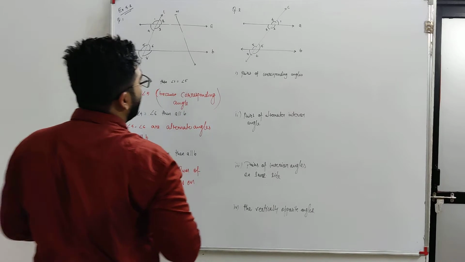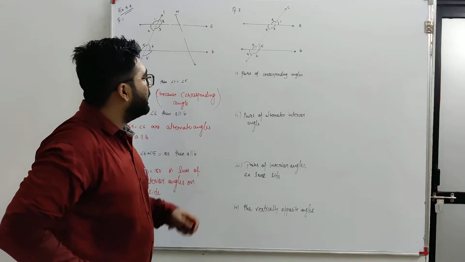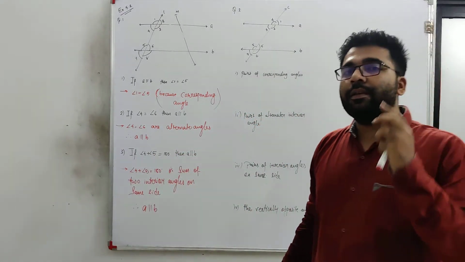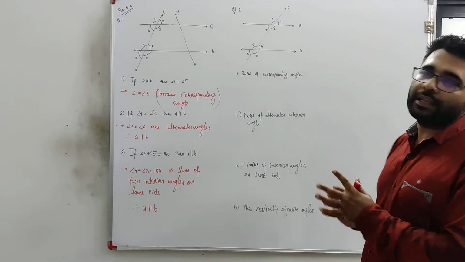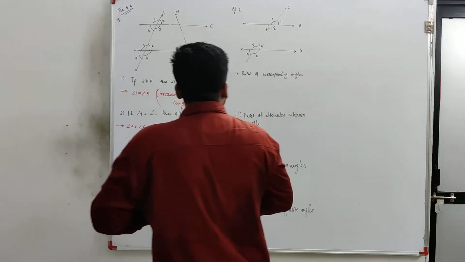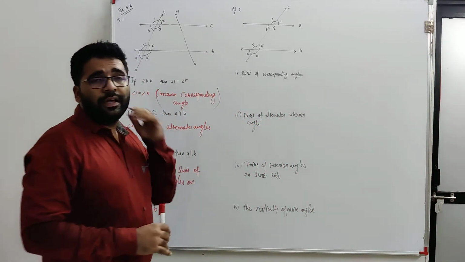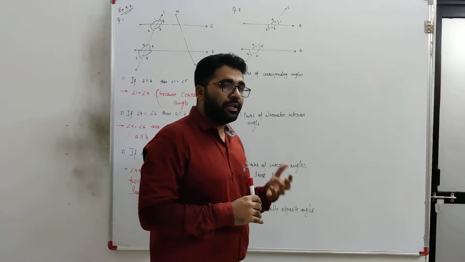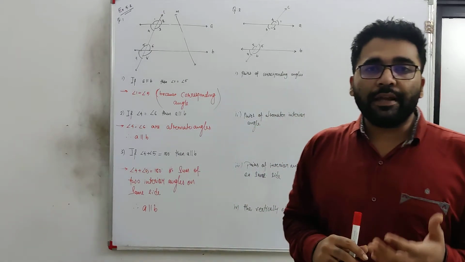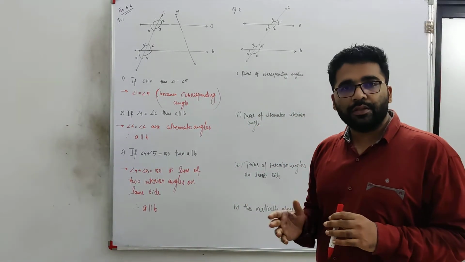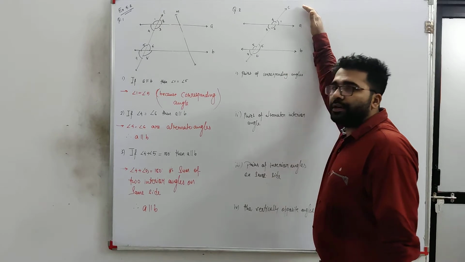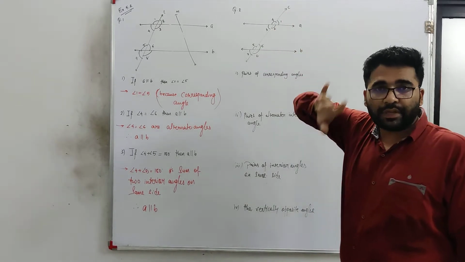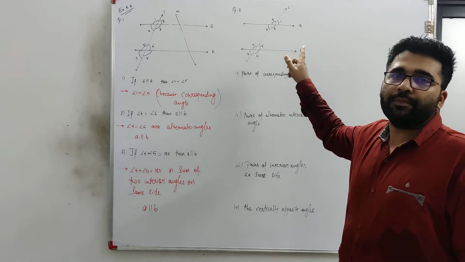Here they have not said that A is parallel to B, so we just need to write the pairs, without mentioning whether they are equal or not. First, pairs of corresponding angles. The definition: the pair of angles in which one is in the exterior region of one line and the other is in the interior region of the other line, on the same side.